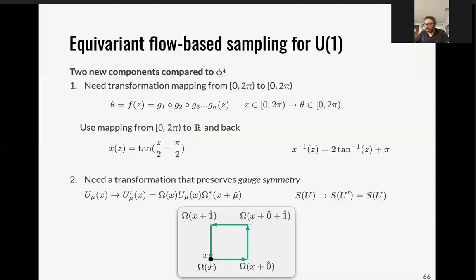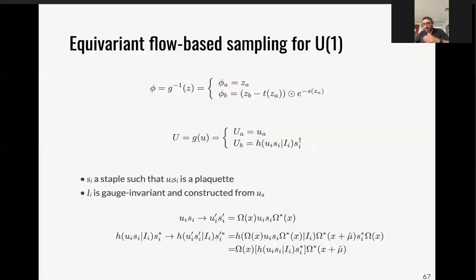Now this is getting a bit technical, but the way to do this is, as we did in the phi to the 4 model, where we just had half of the variables being transformed here and the other half down there. You do it in the same way, but now you have half of the links being unchanged, while the other half of the links are modified according to this staple argument here, okay?